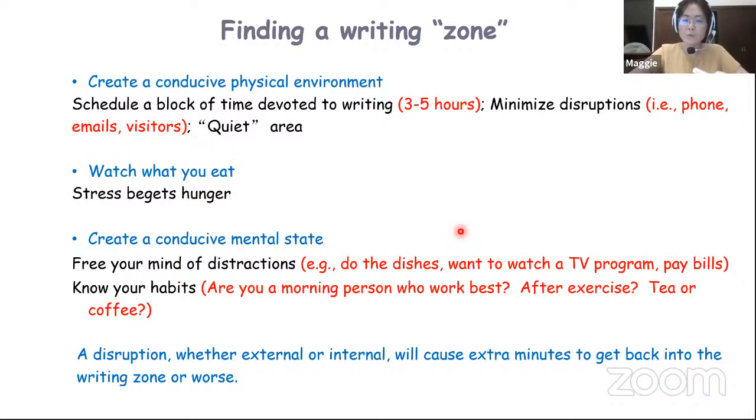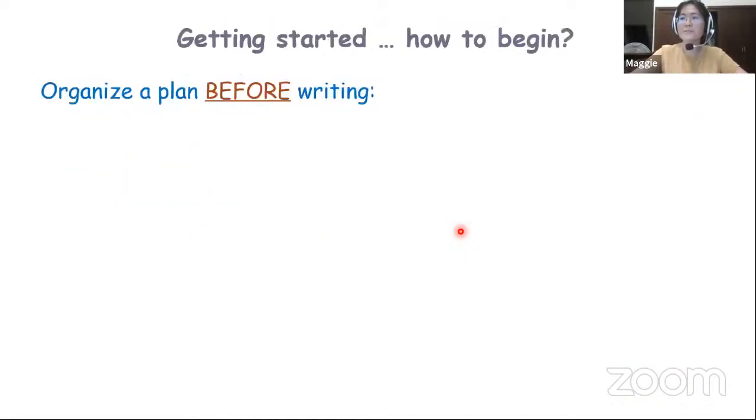When you get back to work, you have already forgotten what to write, and you need to read what you have written on the computer, find the same logic idea again, and then get back to writing. So it takes more time to get back. So try to avoid any disruption so that you can focus on writing for at least 3 hours. That can help you finish the work better.